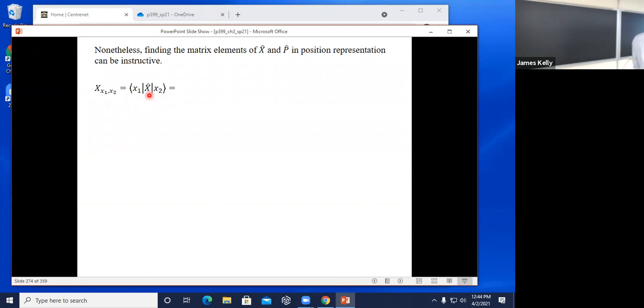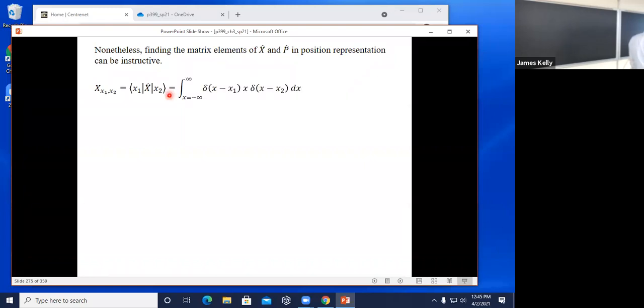So that means I sandwich the operator between two states of definite position. Okay, and then I write that usually to calculate what the matrix elements are. In most cases, I have to go to the integral kind of representation.